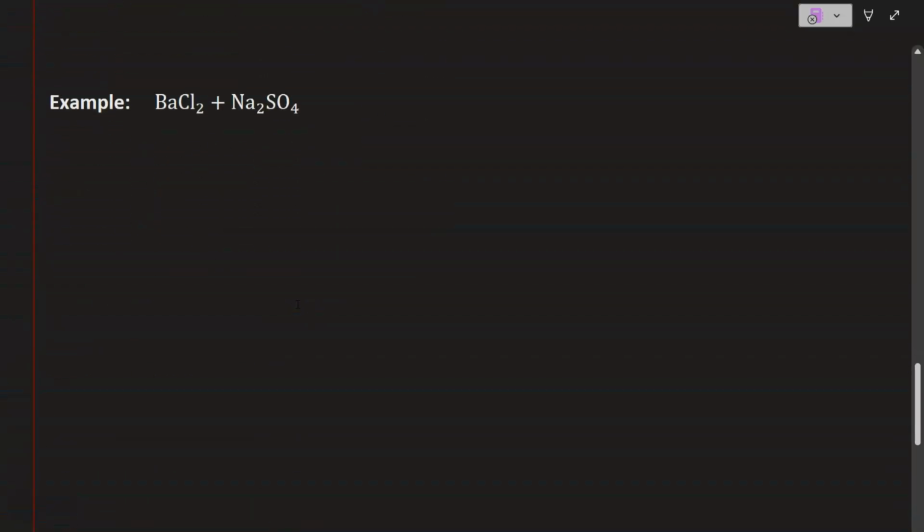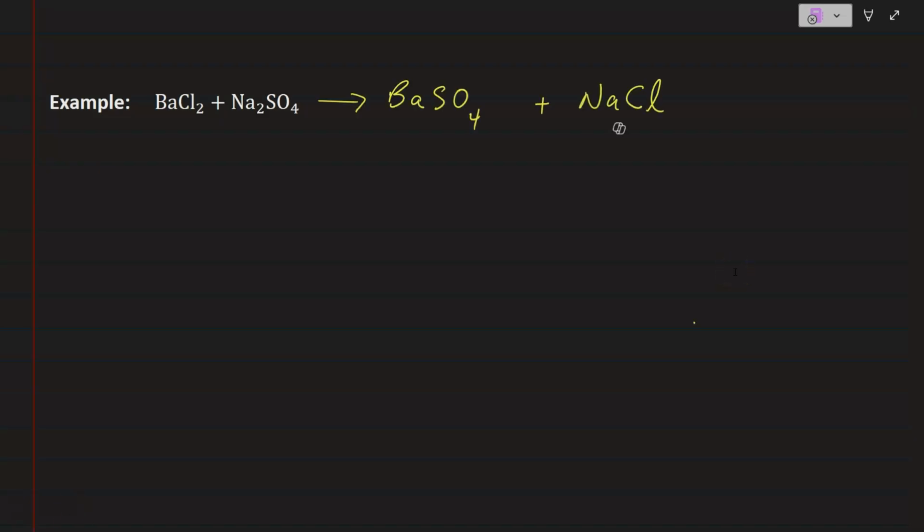Okay, let's look at this question. All right, so we can go through and do the double replacement. So you get this. We know automatically NaCl is soluble, so this is the aqueous for sure. This one, the barium sulfate, how's that? Well, remember, there was an exception.